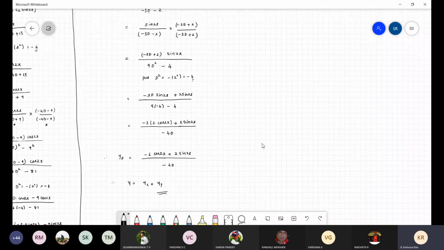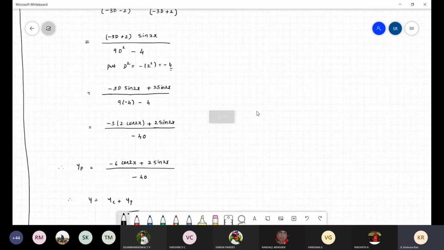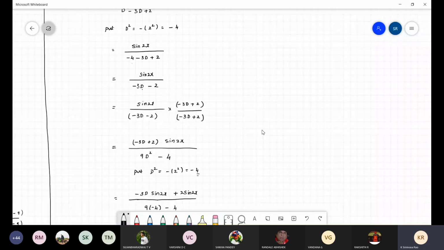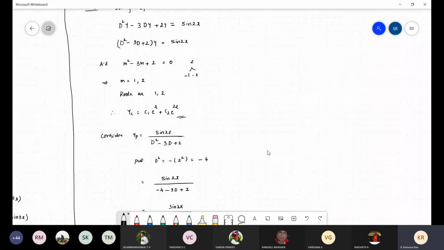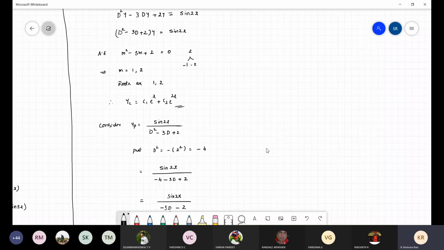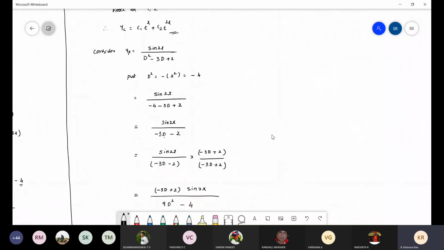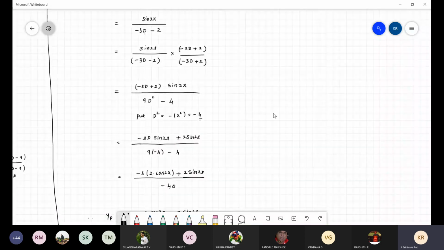See, in the valuation, first we will see the roots. For example, if this is a 6 marks problem, I will just check the roots, m1, m2. If m1, m2 is correct, definitely yc will be correct because writing yc is not a complicated part. Coming to yp, we don't want to see all these procedures.